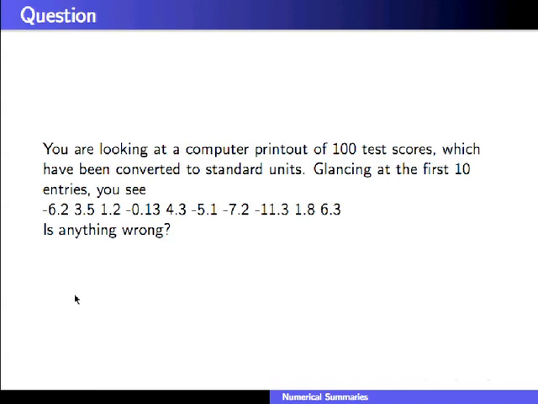They are too big. But why? That's right. Standard deviation should be 1 in standard units. And these numbers are so big, 11, 6, minus 6, 4, that it's hard to believe that the standard deviation of these numbers is going to be around 1. That's right.